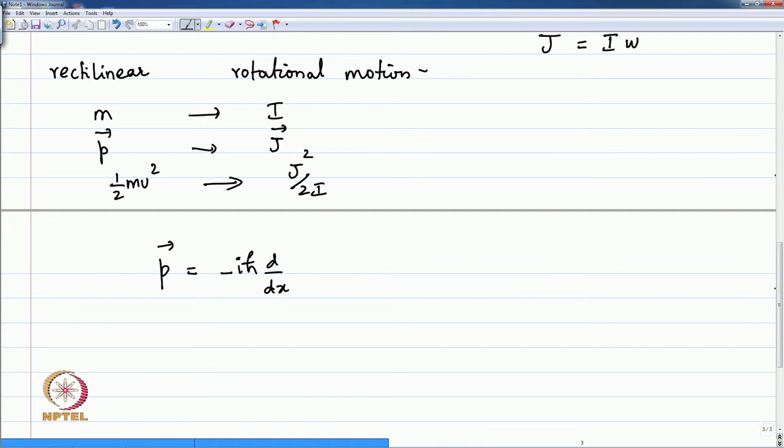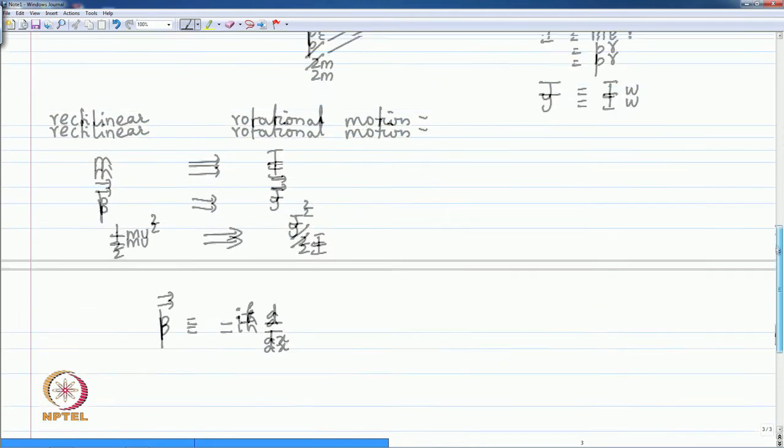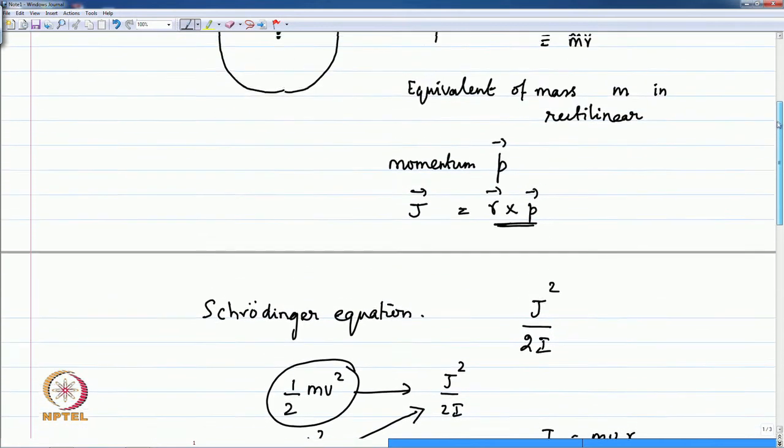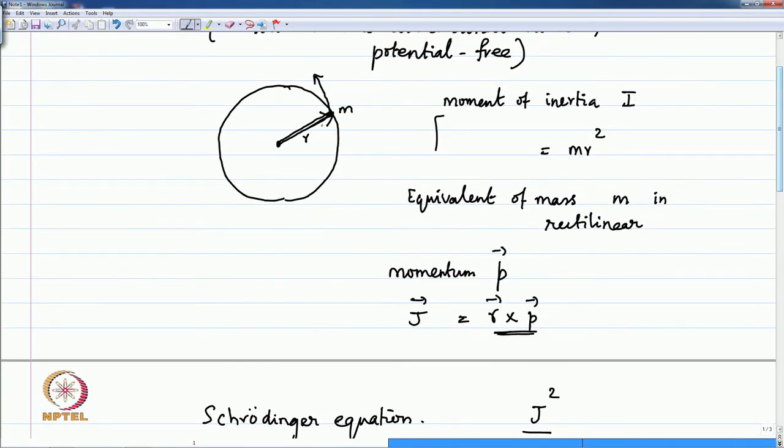In a similar way, if you look at the angular momentum for the particle in circular motion, as we will start with that as a simple example, what is the coordinate associated with the angular momentum operator? That is essentially with reference to an axis called the x axis, that is essentially the angle phi. So, let me just write that, that is the angle phi.